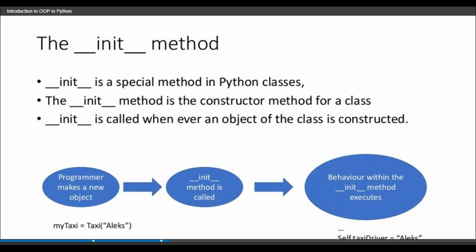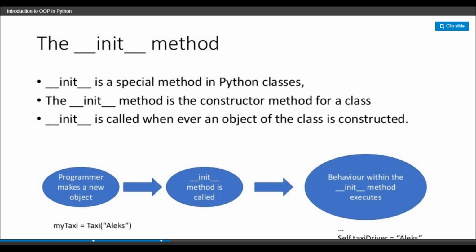So the driver name is Alex, and self dot taxi driver is an object. Once the programmer makes a new object, the init method is called and its behavior is executed. Here my taxi is equal to taxi of Alex, so the name Alex is sent to your object, right?